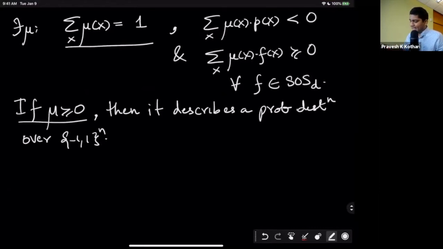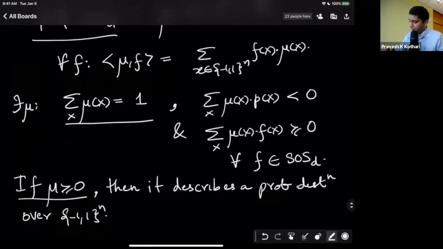In that case, I can use some very nice notation for these inner products. I can write this as the expectation with respect to mu of the function P, and I can write this as the expectation with respect to mu of the function f.